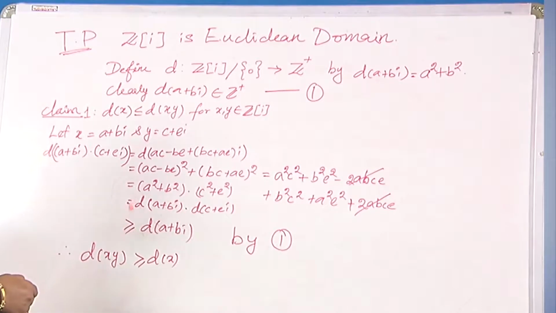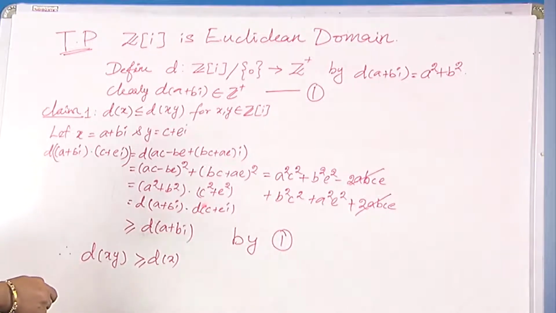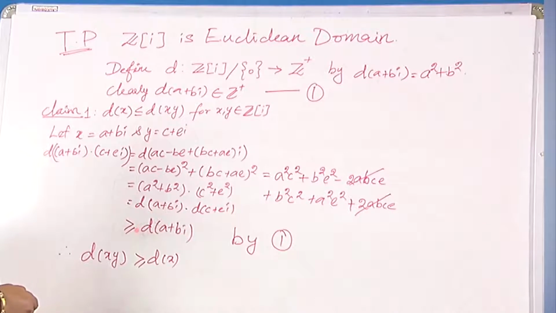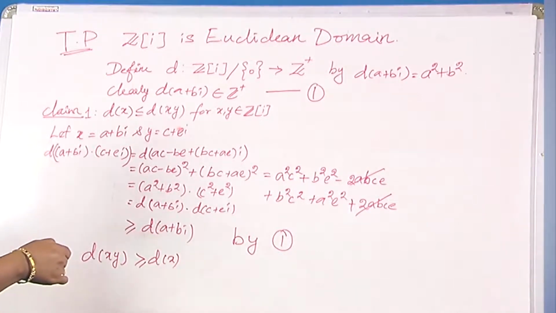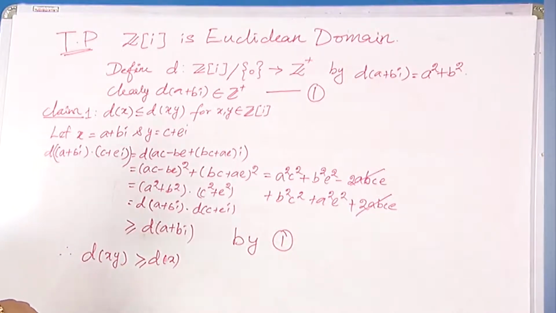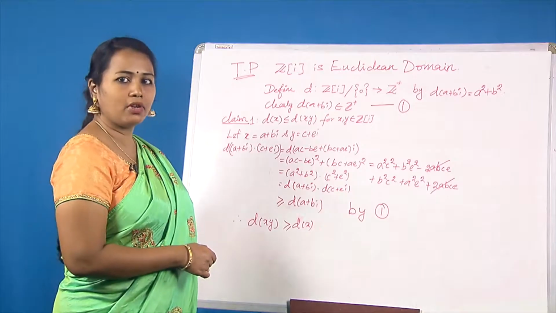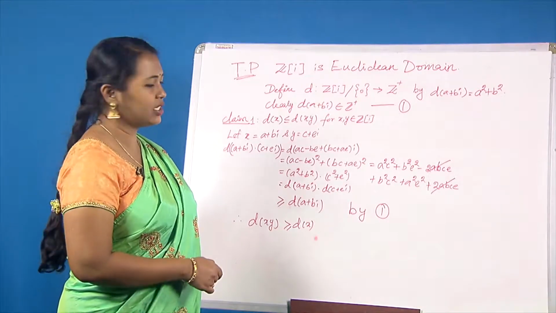Until here we have equality, but here when we remove this term it becomes lesser. Therefore, d of (A plus iB)(C plus Ei) will become greater than or equal to d of A plus Bi, and this is from this. And therefore, we have now shown that we took x to be this and y to be this term, and we have shown that d of xy is greater than or equal to d of x. So, one part of the Euclidean domain condition has been proved.